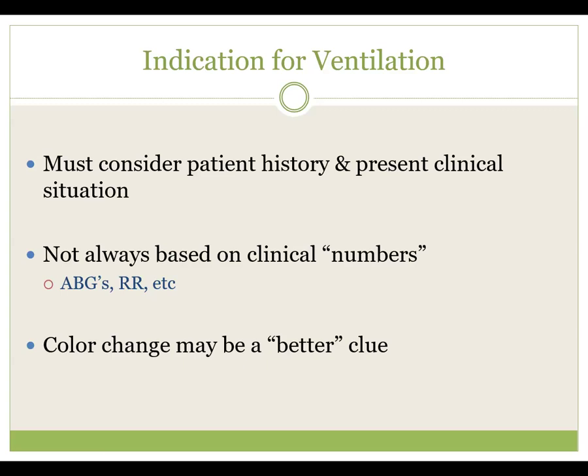That's why we use a CO2 less than 50 or greater than 55 and a pH less than 7.25, because they can tolerate this mild hypoxemia and acidosis, but once it's still going down, that's when we need to intervene. Color change, as far as intervening with supplemental oxygen, is probably a better clue, because by the time you get the result of your ABG, your infant may have crashed already.